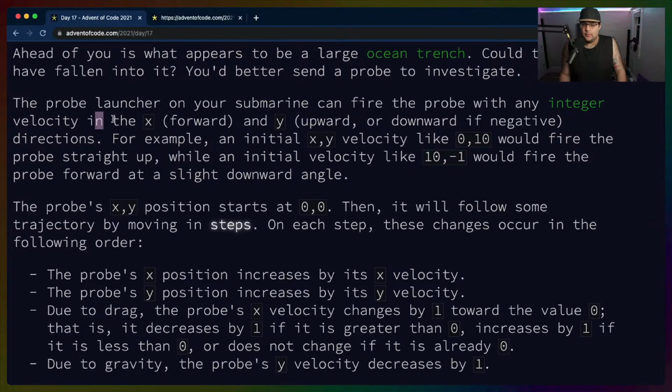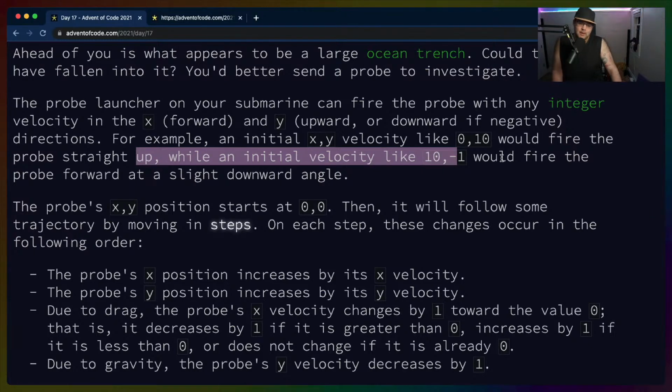Okay, so we can fire a probe with any integer velocity in the x forward and y upward or downward direction. So it has to be an integer velocity, which means there's a bound on how fast we can be going to the right. For example, an initial velocity x,y like 0, 10 would fire the probe straight up, while an initial velocity 10, negative 1 would fire the probe at a slight downward angle.